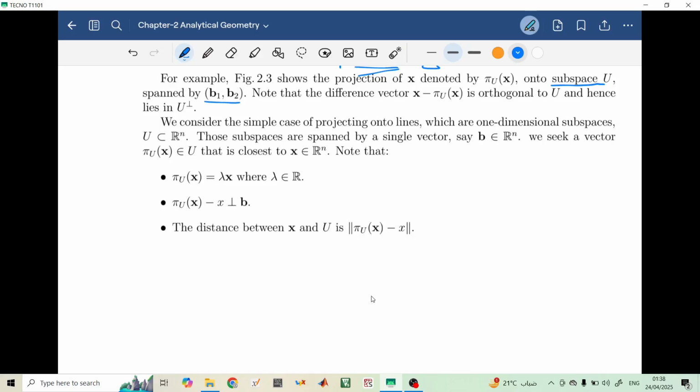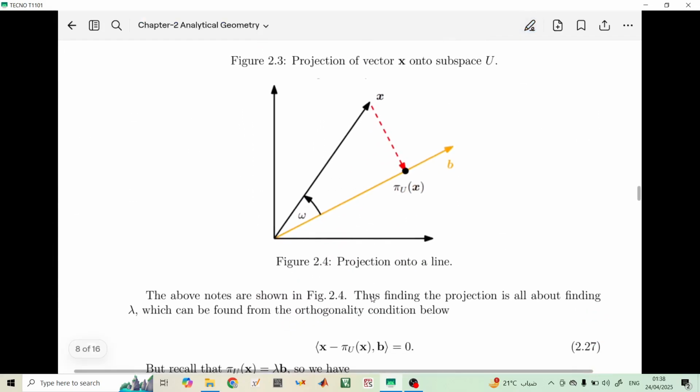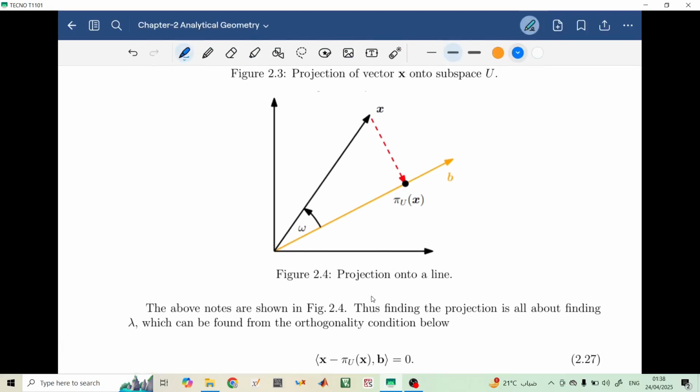So let's take a simple example, which is we want to project a vector on a one-dimensional space or subspace here. So we have this vector x. So let's say here x.